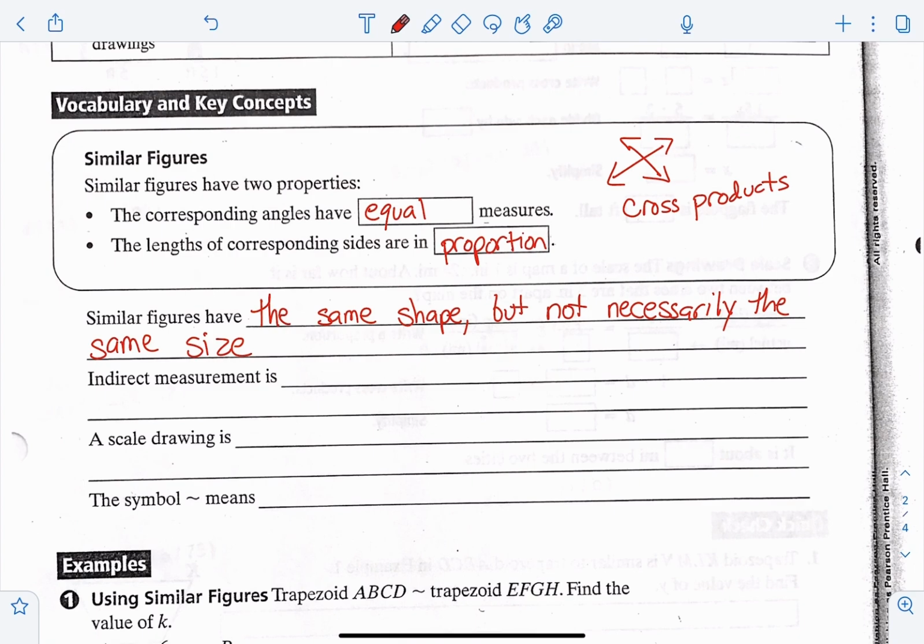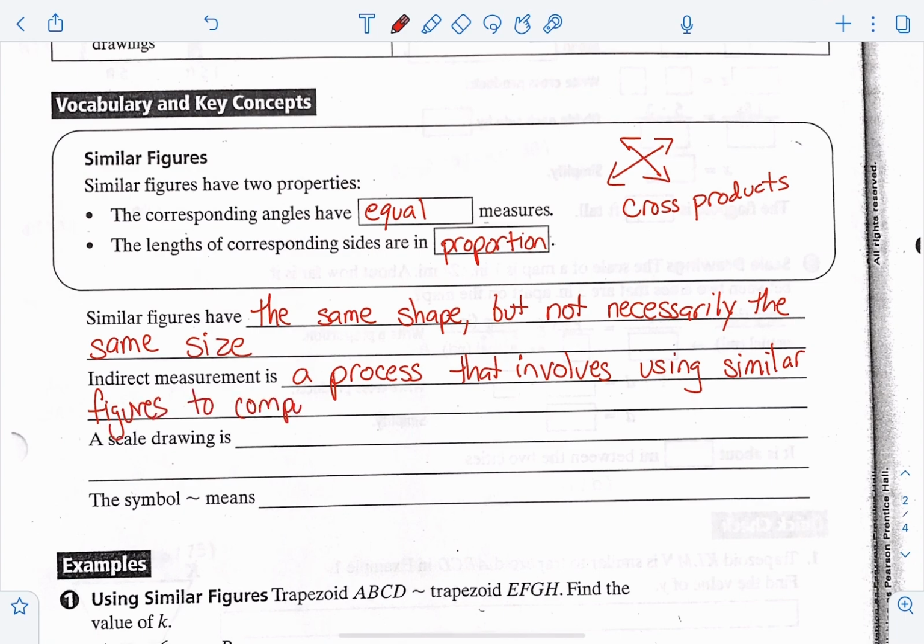An indirect measurement is a process that involves using similar figures to compute distances that are difficult to measure.